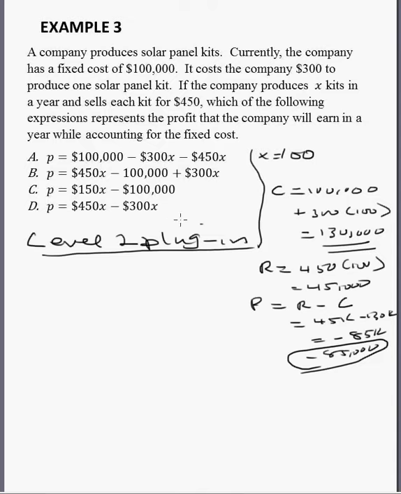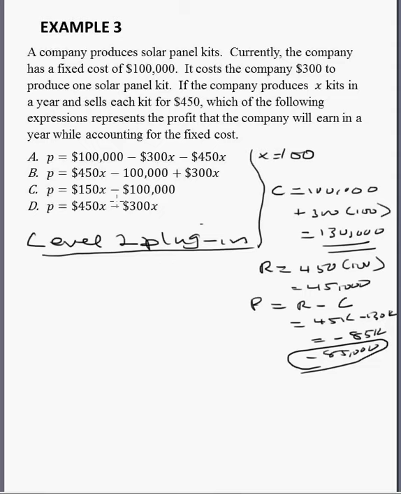If I go back and plug in for A, when I plug X is equal to 100, I get 100,000 minus 30,000 minus 45,000, and that gives me 25,000, which is not negative 85,000. When I plug in B, it takes me all the way through. I get negative 25,000.